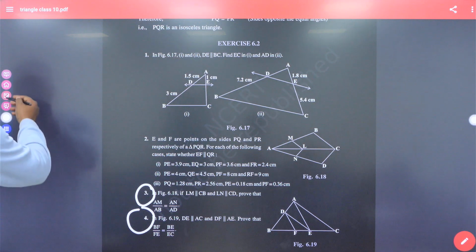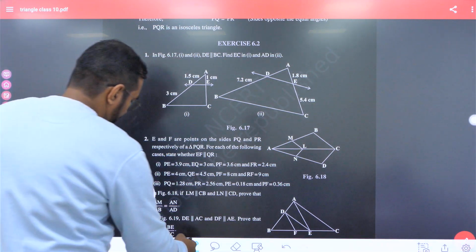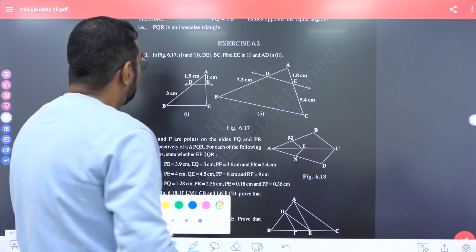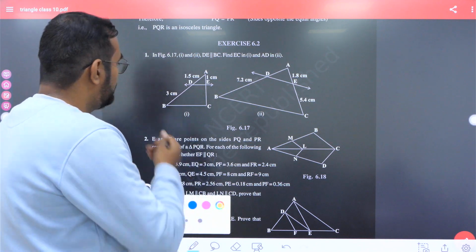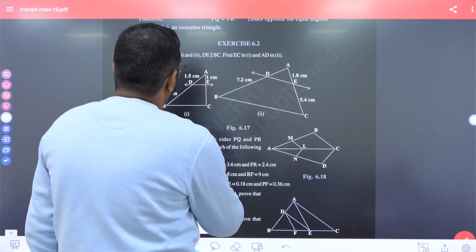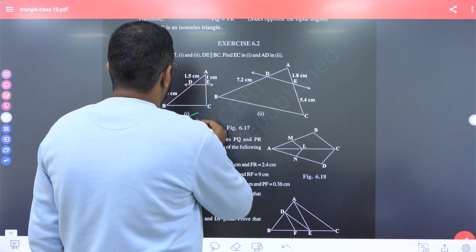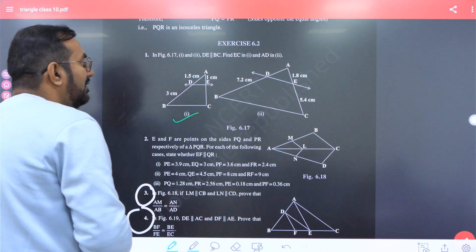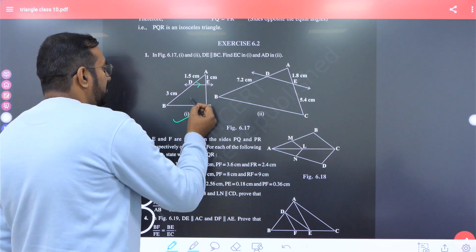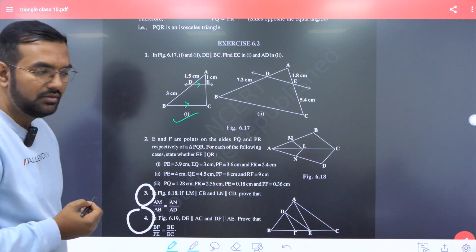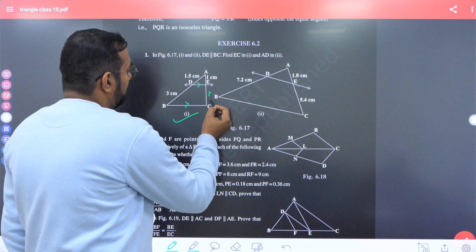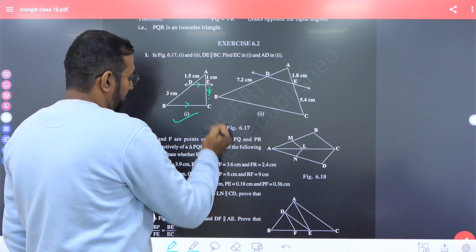Exercise 6.2. In figure 6.17, first, this one. DE is parallel to BC, find EC. It is given that DE is parallel to BC and we have to find EC, this length.